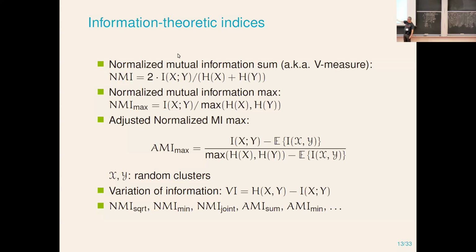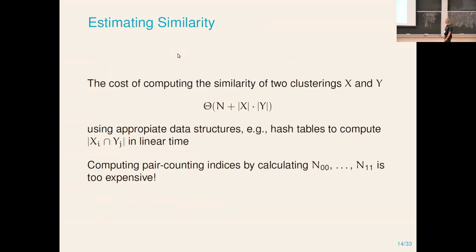And you have also another one, which is very famous, the variation of information, which is the joint minus the mutual information. And in any case, computing one of those similarities of two clusterings will be linear in n plus the product of the number of clusters in X times the number of clusters in Y.